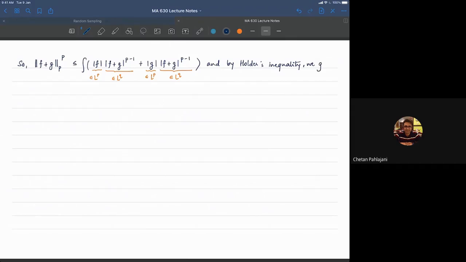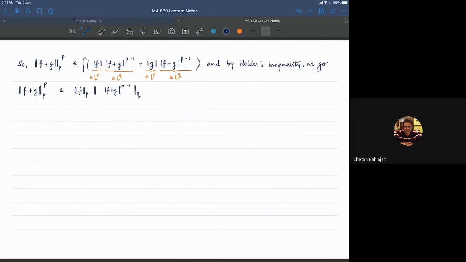And by Holder's inequality, we get, well, the left side stays the same, the p norm of f plus g to the pth power, less than or equal to. Now here, what am I doing? I'm going to get the p norm of f times the q norm of absolute value of f plus g to the p minus 1.